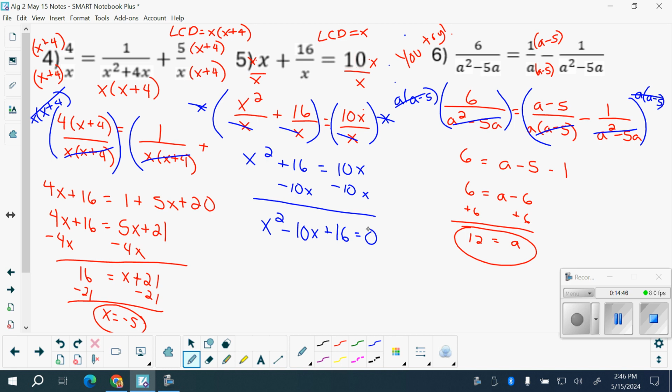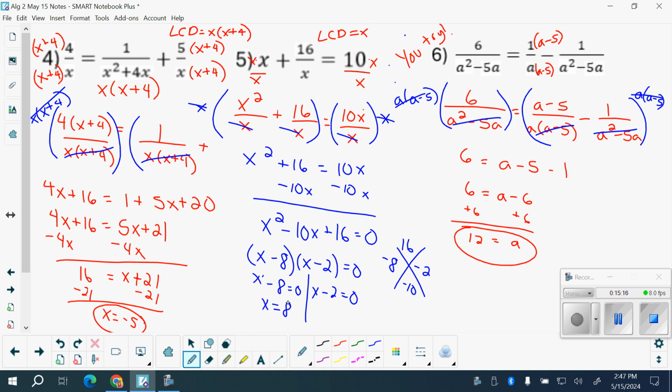The x squared tells us we have to get it in standard form to be able to solve it. So what multiplies to 16 that adds to negative 10? Yep. And we get 8 and 2.